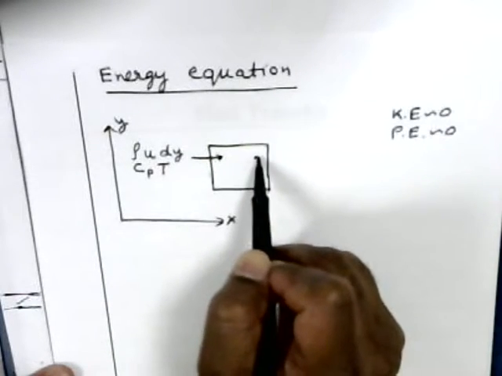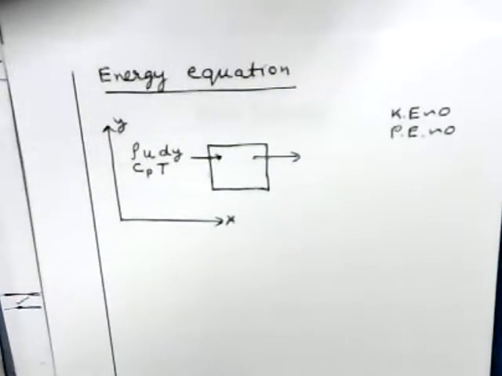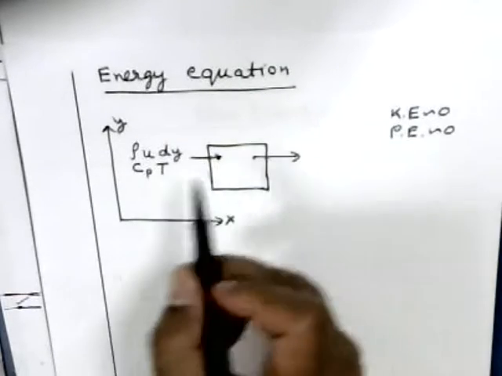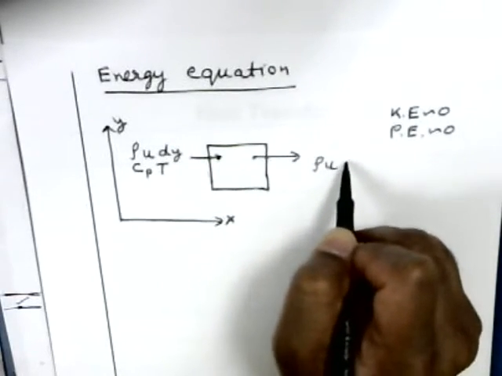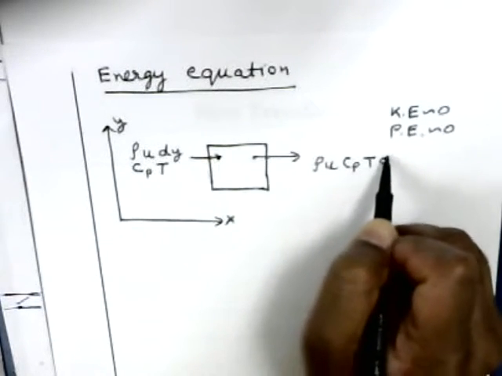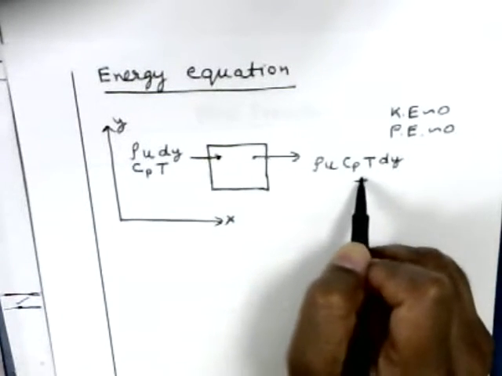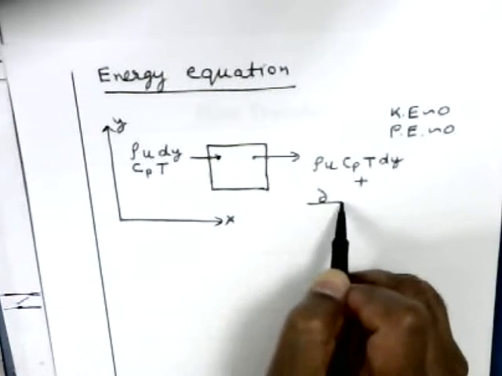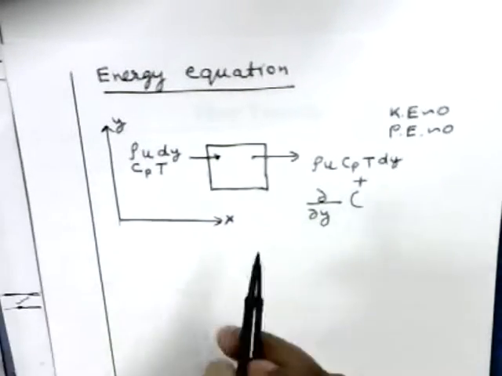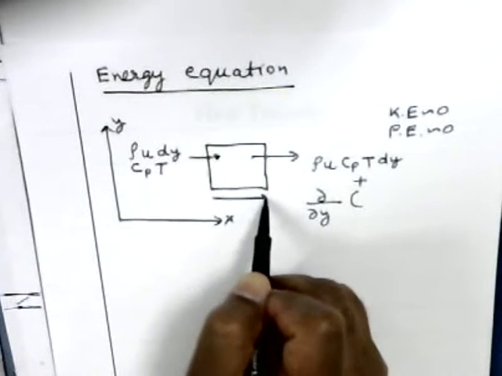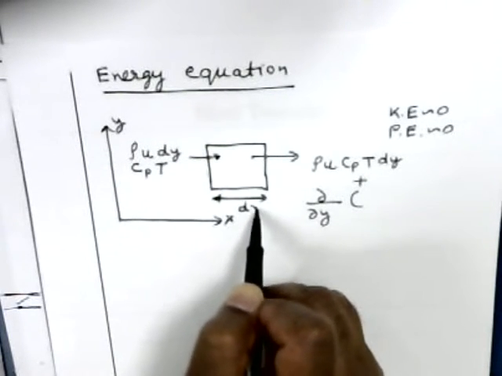Energy that is convected out of the right face, we can write this as rho u cp T dy plus, based on Taylor series, del by del x. This distance, this is the x direction, this is dx.